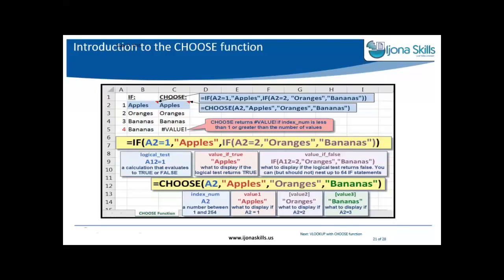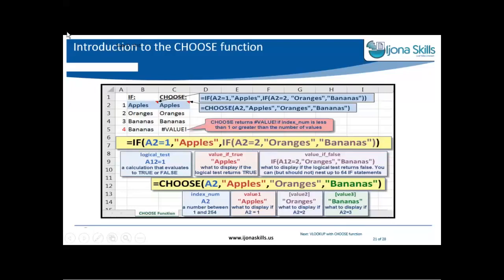That index number is going to be a number between 1 and 255, and we just provide our list, and we can look up 254 items there. We just separate each item with commas.